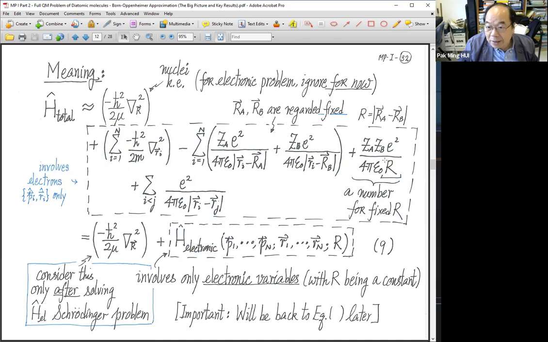I'm assuming the nuclei to be fixed at locations R_A and R_B. The separation is R. So all these are given. I only have to consider the quantum mechanics of n electrons in the molecule. This is the kinetic energy term. Each electron is attracted to nucleus A and to nucleus B.